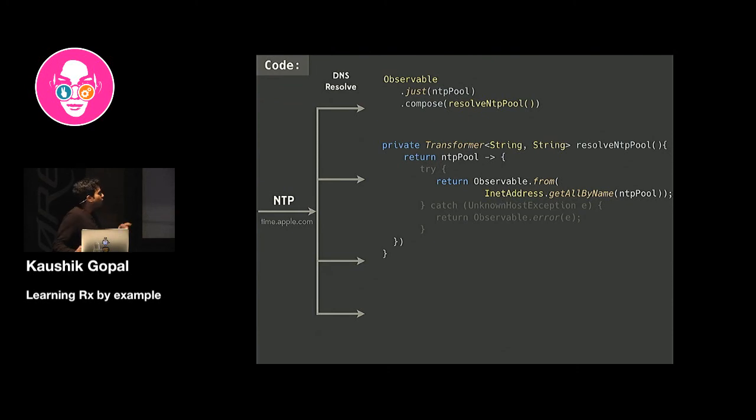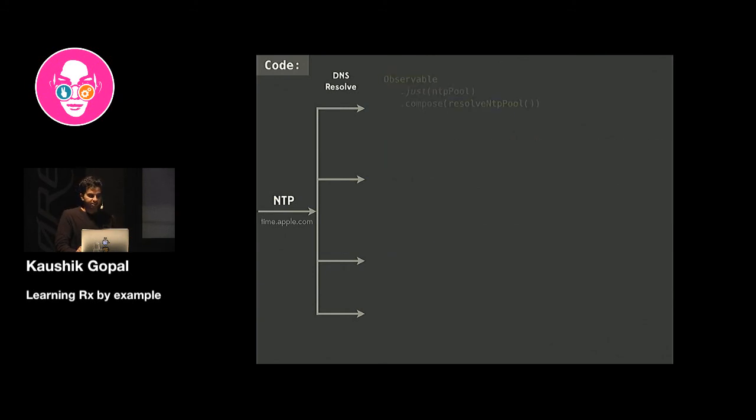But I expect the response to come in the form of an observable, not a list. That's why I have this from operator. I say Observable.from, and this operator takes a list object and converts the results into an observable that emits those events one after the other. So that's the code snippet that takes care of the first part, where I got a DNS pool address and resolved it into single IP addresses.